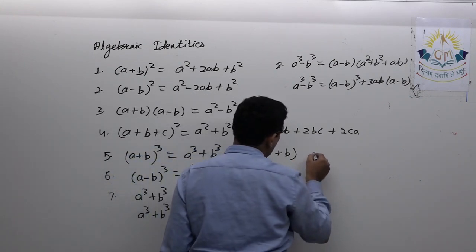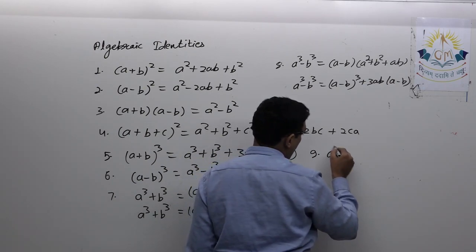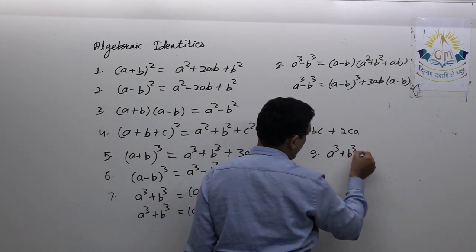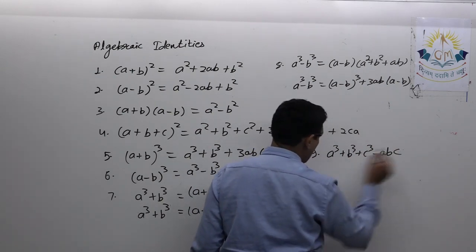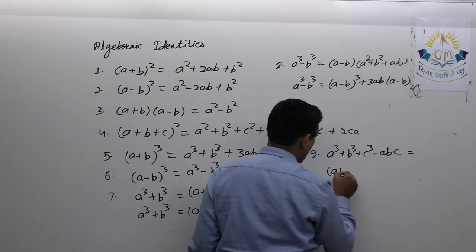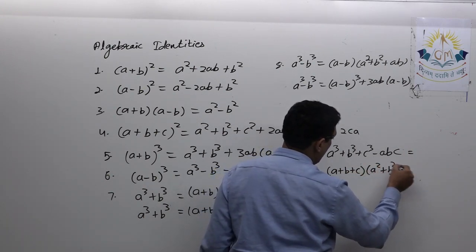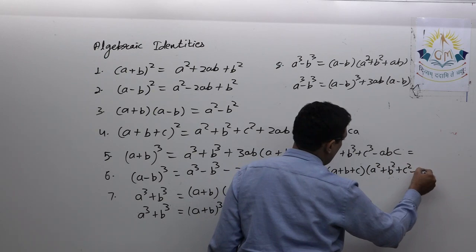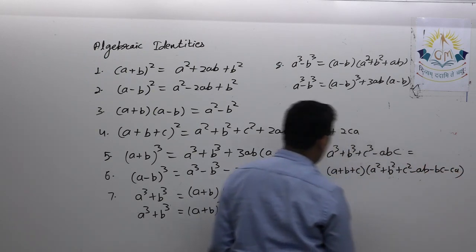Now ninth identity is a cube plus b cube plus c cube minus 3abc is equal to a plus b plus c, then a square plus b square plus c square minus ab minus bc minus ca.